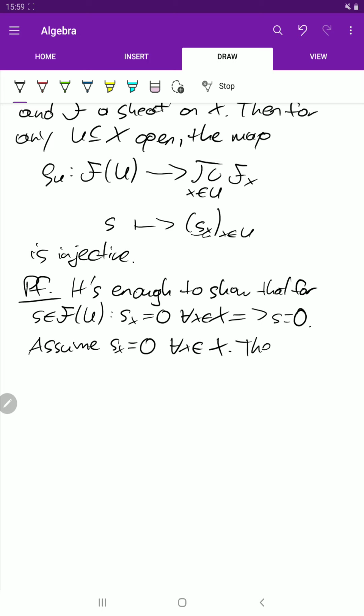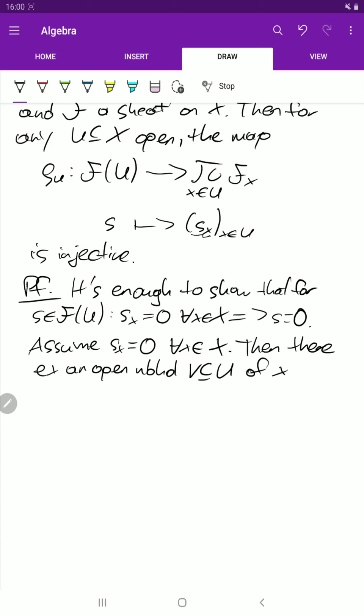And, by definition of the stalk, there exists an open neighborhood V inside of U, which is a neighborhood of x.